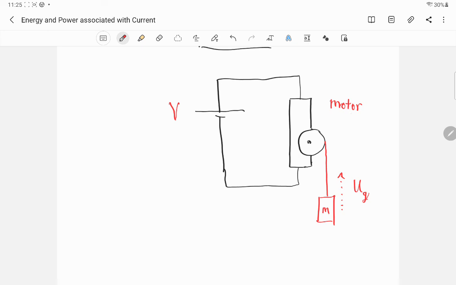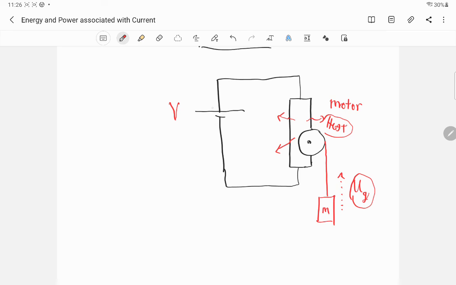But this is an energy conversion that probably also involves some heat dissipation. So not only are you accomplishing the task of lifting the object, doing that mechanical work, you're also fighting internal frictions and resistances. So you're also heating up the world.